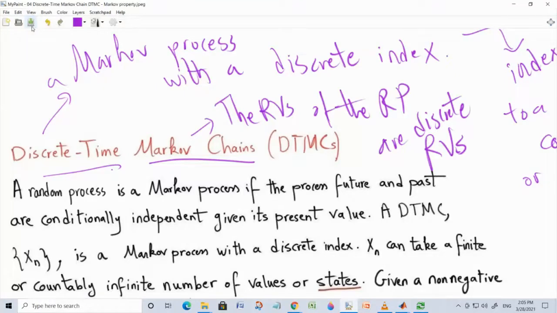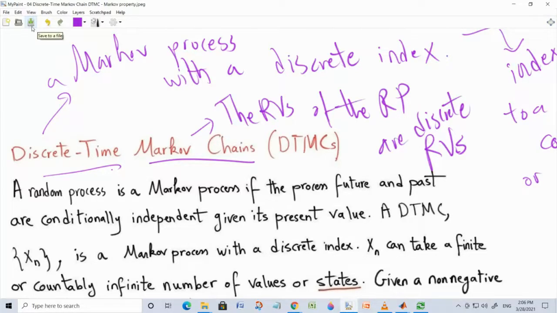The random variables are discrete, which means that they take values, almost surely with probability 1, from either a finite set or a countably infinite set, but not from an uncountably infinite set. If you fix the index of the random process, then you get a random variable.